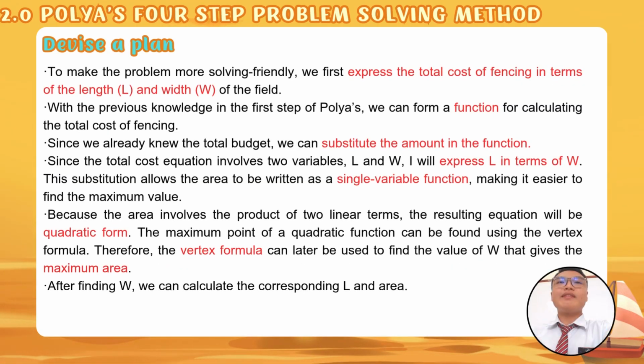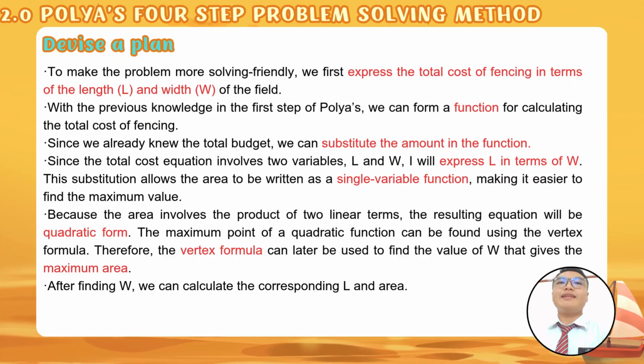Next, we look at step 2 in Polya, which is devise a plan. To make the problem more solving friendly, I decided to express the total fencing cost in terms of L and W, where L is length and W is width. Since I already know the total budget, I can substitute that value into the equation. The cost equation contains 2 variables, so I planned to make L the subject, allowing me to substitute it into the area formula to form a single variable function.